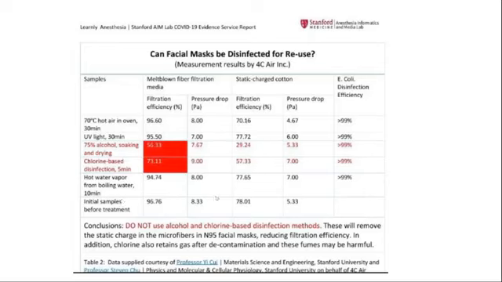So the second best would be microwave, but make sure your rubber band doesn't get melted away. The fourth thing is that you can dry them in sunlight, because sunlight has UV rays. And there have been some people in Taiwan who have tried a pressure cooker for a few minutes to sterilize the mask. None of them have been proven, but you can try.